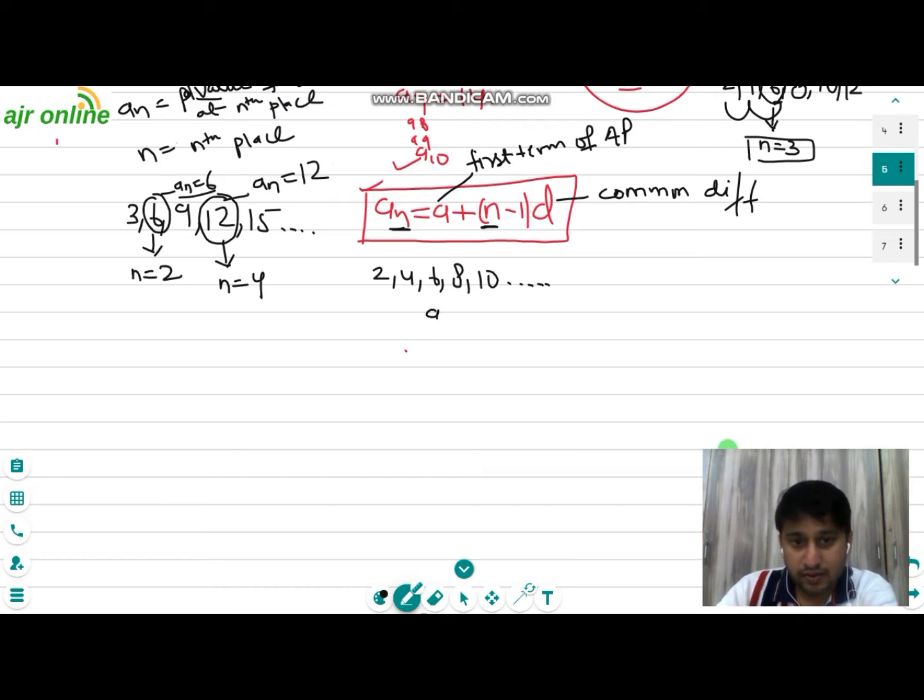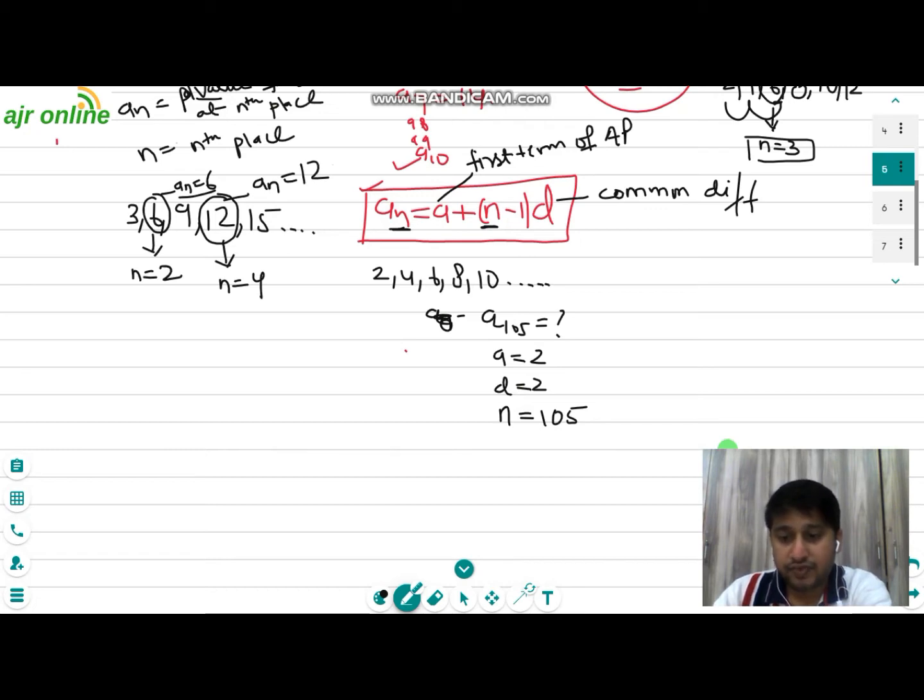So we'll write a105. In this AP, a is 2, d is also 2, and n is 105, because we have to find the number which is at the 105th place. That is why we have to find a105.